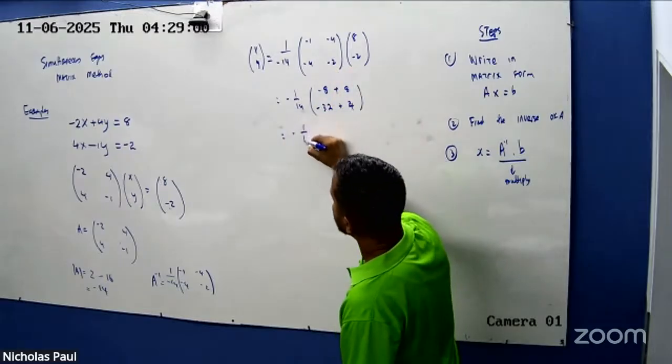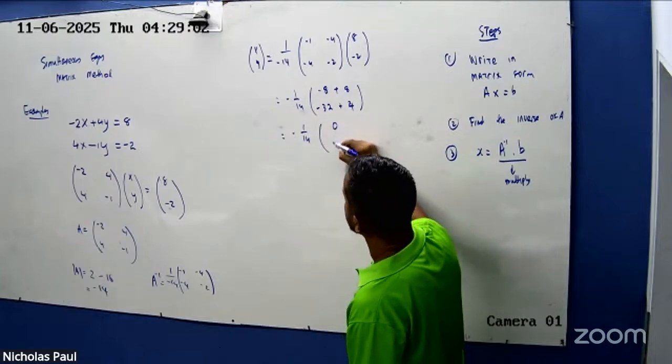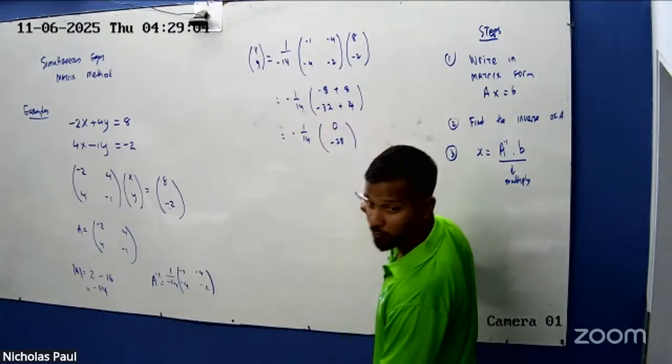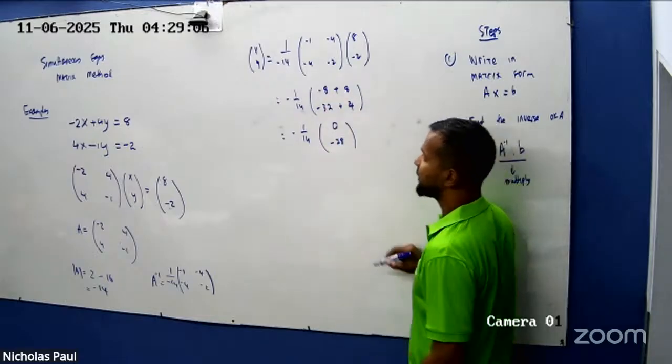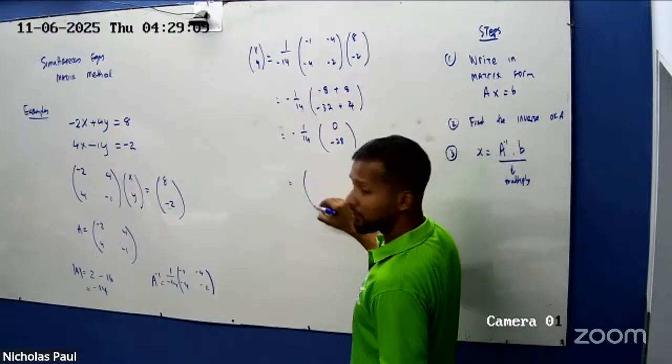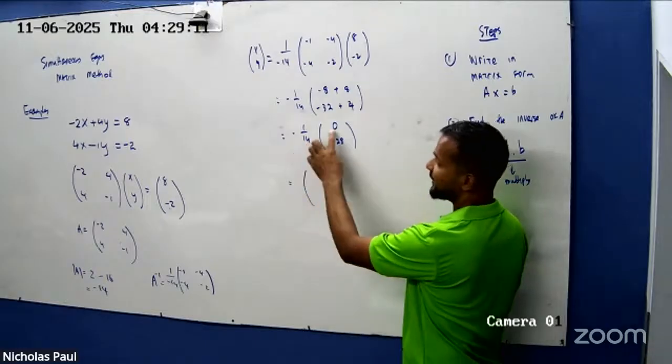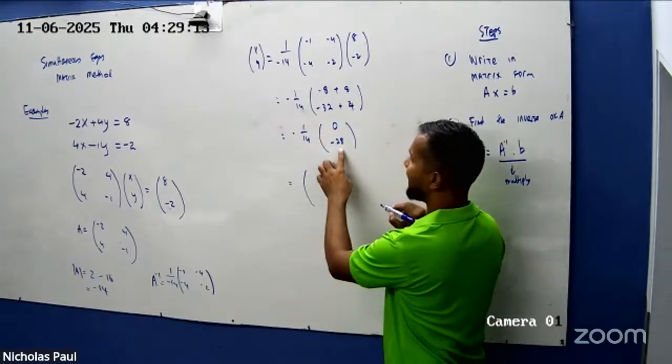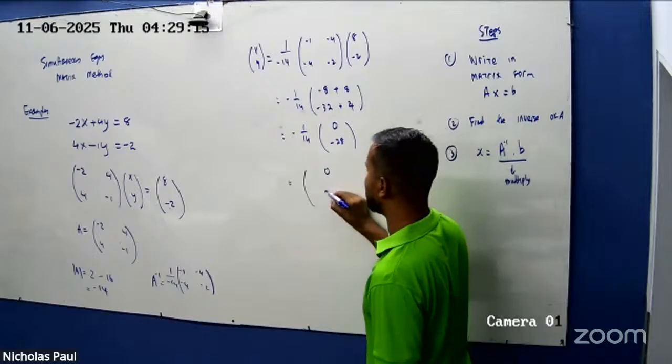So I got minus 1 on 14 by 0, 0 minus 28. So the final answer is this by this is 0, minus 28 over minus 14 is 2.